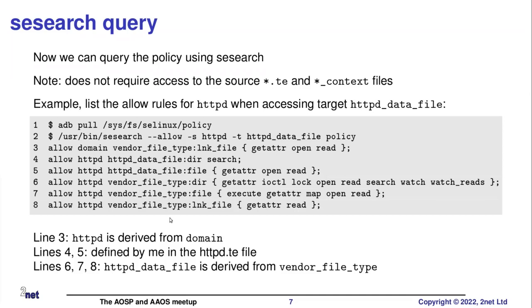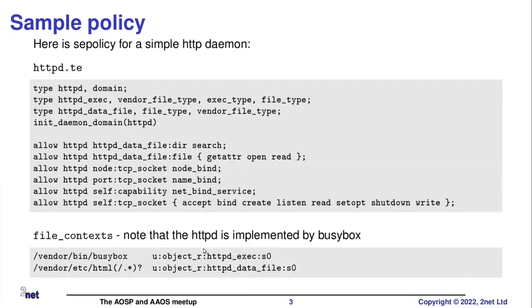This comes about because the types that I'm using, HTTPD and HTTPD data file, are all based on other types, and so they inherit capabilities. HTTPD is a type of domain. In fact, you can see that if we go back to here. The first thing I say is type HTTPD is a type of domain.